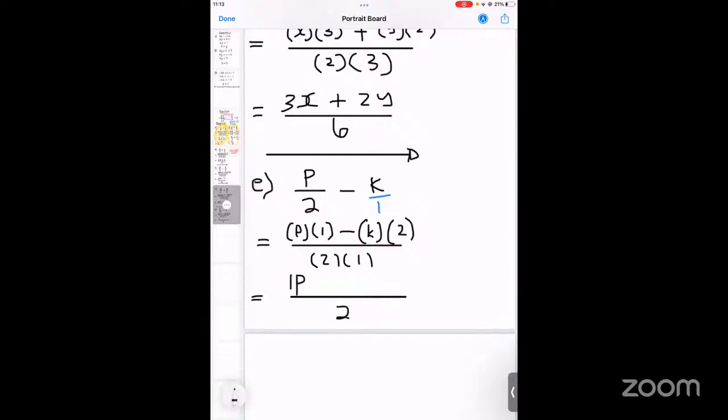Even if you don't write 1, it is still fine because we know it is there as an invisible 1. Then you have a minus, then you have a 2k there. Then it is done. Okay, Manahil, I'm very confident that you do understand that part.